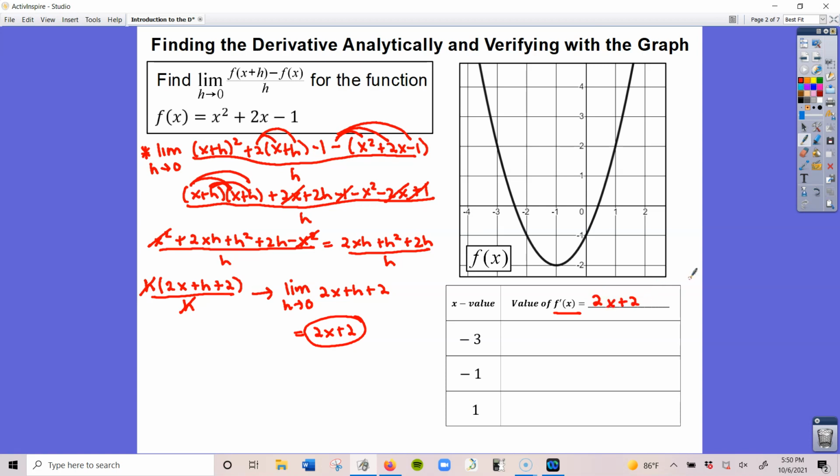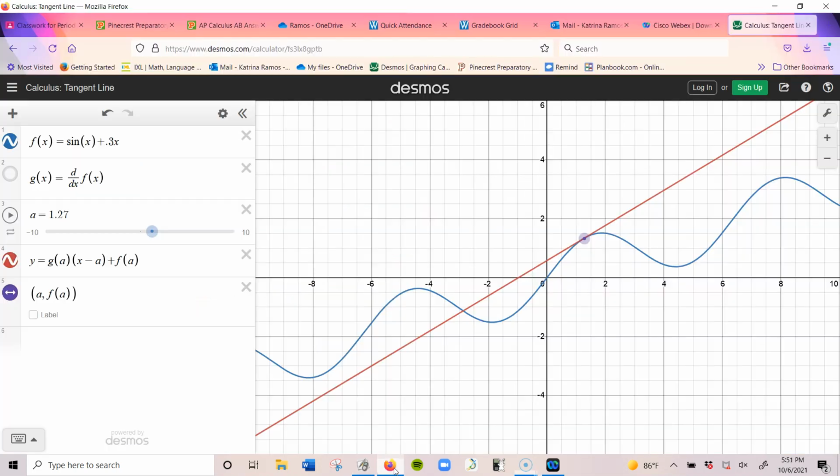Now in the previous slide, we stated that the derivative is equal to the slope of the tangent line. But if you look at your function, the slope of the tangent line will vary depending on what x value we're looking at. And I'm going to show you an example of that now. So this is the graph of some function, the blue, that's a function.